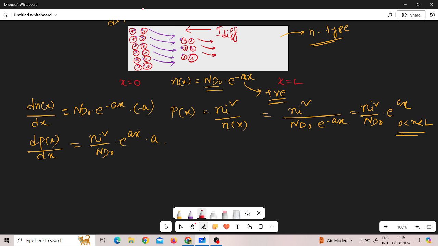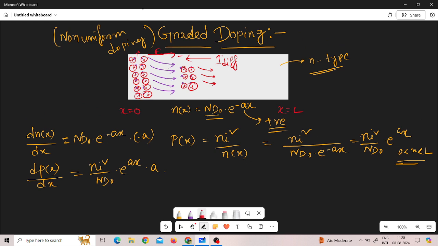This is known as the built-in electric field, because here the positive potential is more, here the positive potential is less, so plus minus. So the electric field will be in this direction. Now due to this electric field, there will be a drift current in this direction. So diffusion current in the negative x direction and drift current in the positive x direction.